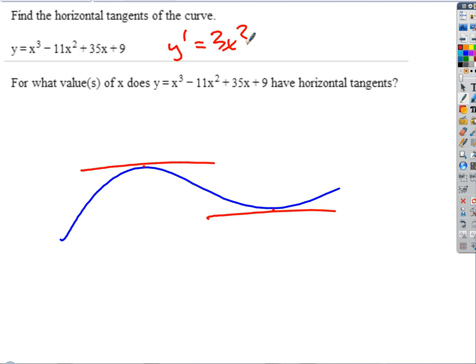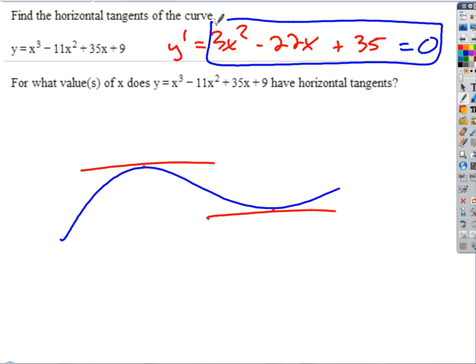Minus 22x, plus 35, and the derivative of 9 is 0. Good. Now if I want to find where we have horizontal tangents, I'll just set this derivative function equal to 0 and solve.